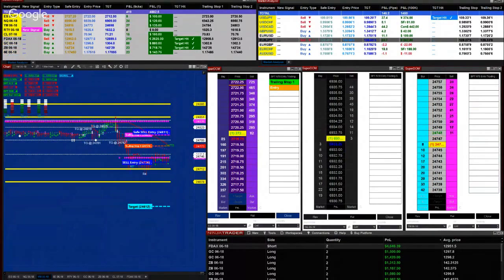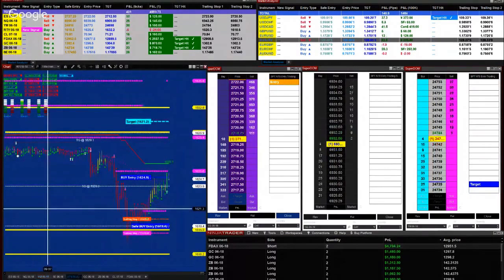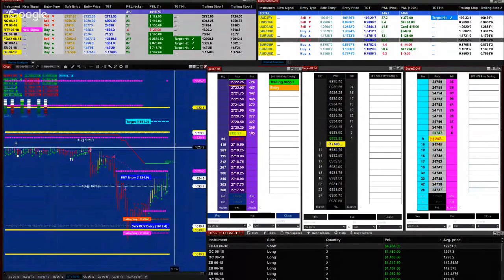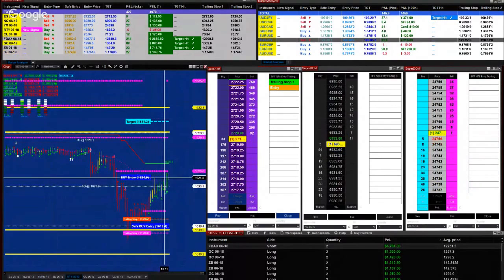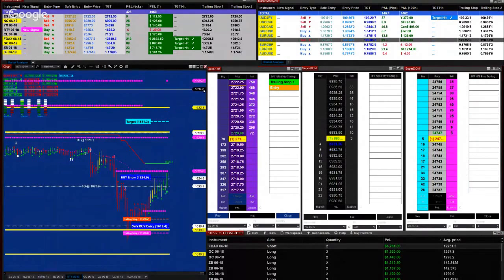If we notice, we have a new signal on the Russell. Let's look at the Russell, and we have a new signal buy entry, and then we have the target at 631.2.